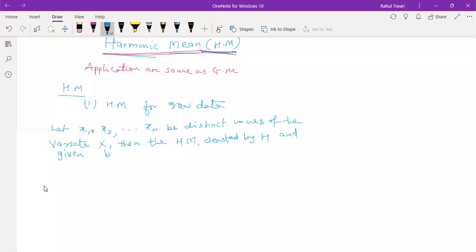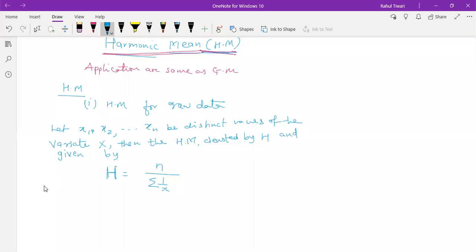So notationally we write the harmonic mean denoted by h, and it is given by, what is the formula for h here? H is equal to the ratio of the total sample divided by the sum of reciprocals of your observations. So what is the definition of harmonic mean? It's a ratio of the total number and the sum of reciprocals of your observations, it is 1 upon something.